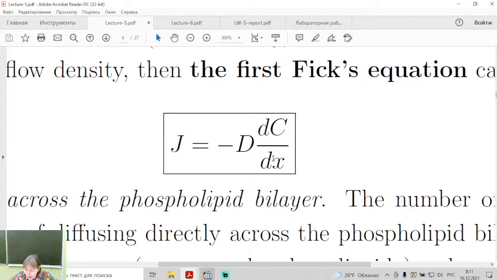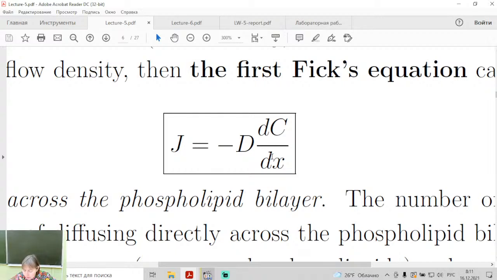Third, high specificity: a certain substance is carried only with a similar structure. And fourth, the expressed sensitivity to low concentrations of inhibitors and activators of a carrier.